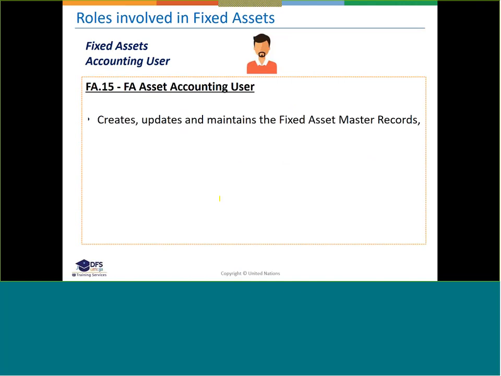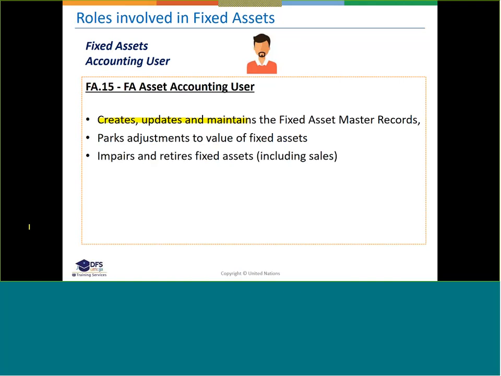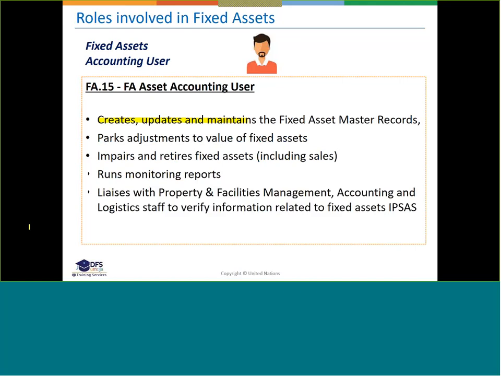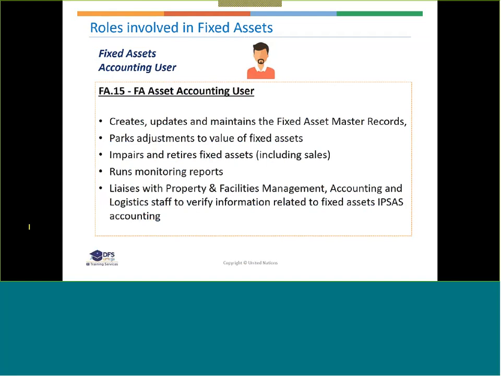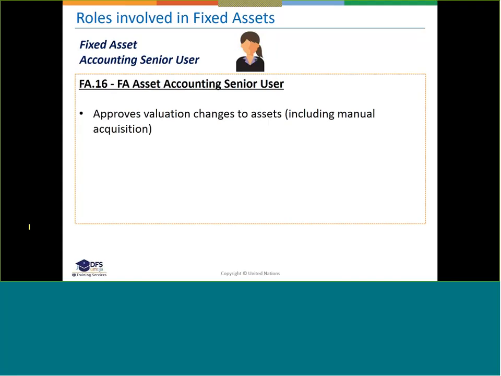The FA15 user, so PMU PCIU, creates, updates, and maintains the fixed asset master record. So when there is an asset master record that needs to be created manually, they are the ones doing it. They park adjustments to the value of the fixed asset, they initiate impairments, and they run monitoring results. What does finance do in this process?